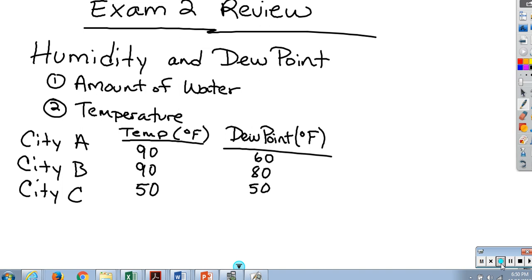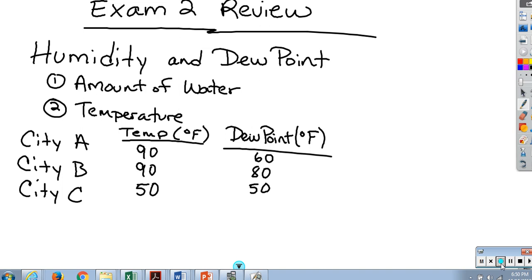That means that the atmosphere there has reached the point where it can no longer hold any more water, and therefore it will condense out into either fog or mist, depending on the conditions of the atmosphere in that area.